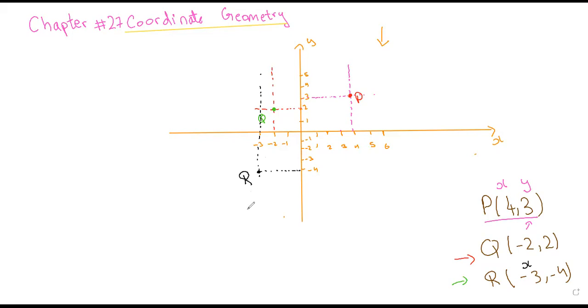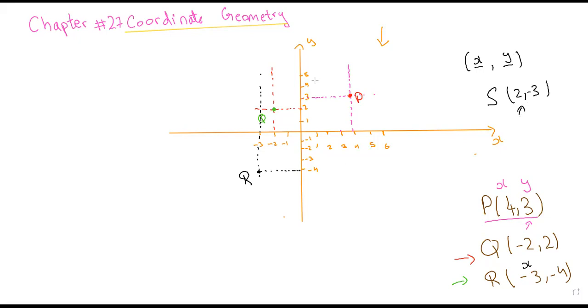So the first concept of this chapter is seeing the points on the XY plane. I have shown you 3 examples for P, Q, and R. We know that for any point, we have dash, comma, dash. The first one tells the X coordinate, the second one tells the Y coordinate. If I take another example, let's say 2 and -3, I will follow the line X equals 2.